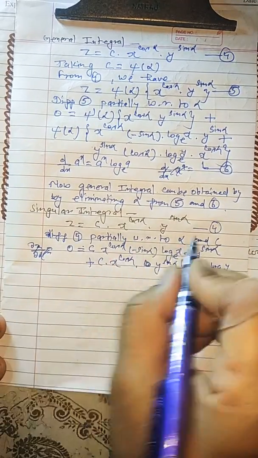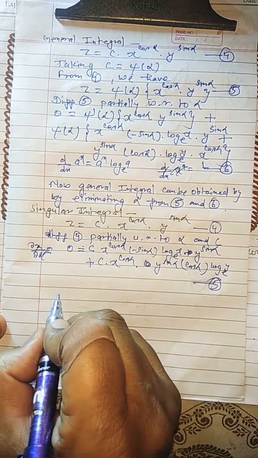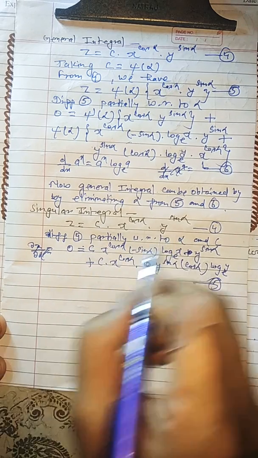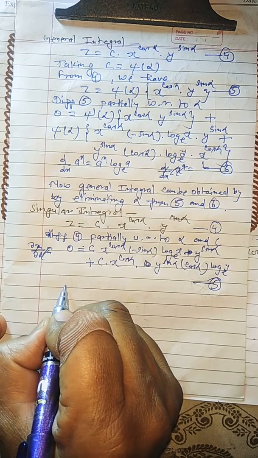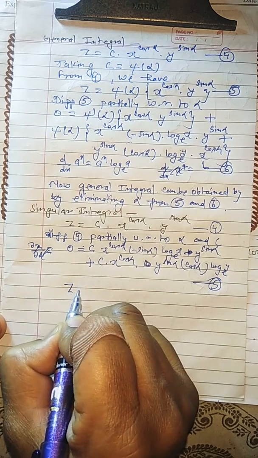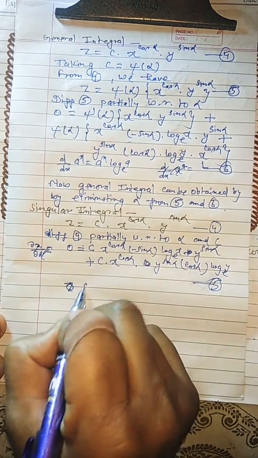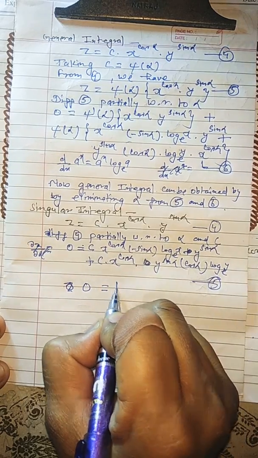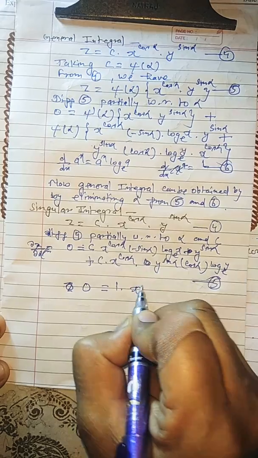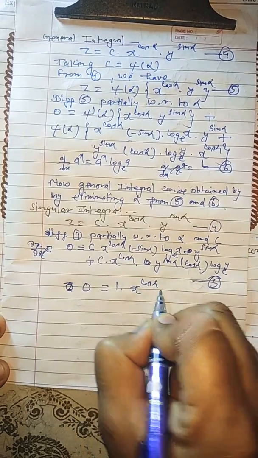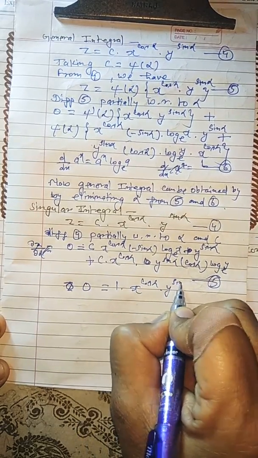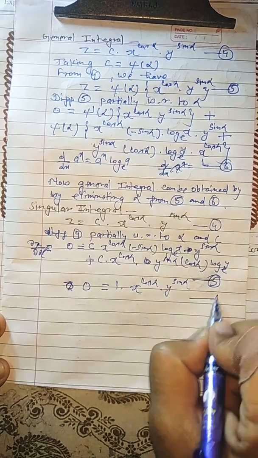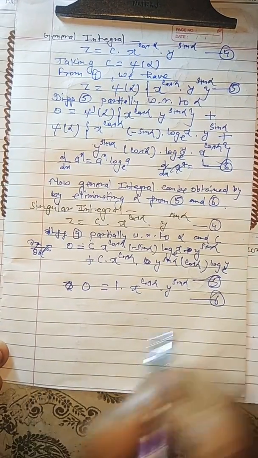Next we differentiate 4 partially with respect to c. When we differentiate with respect to c, we get here 0 equal to 1 into x to the power cos alpha and y to the power sin alpha, and this is the equation number 6.